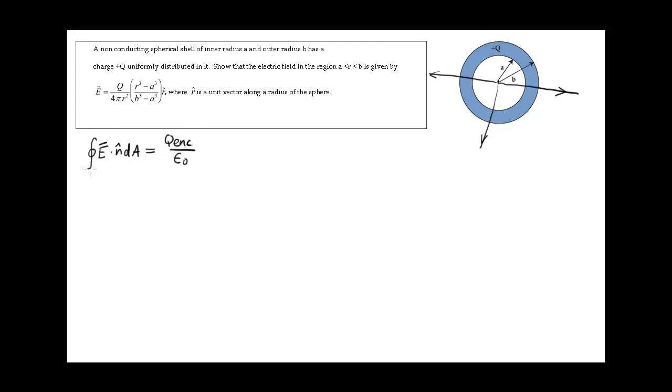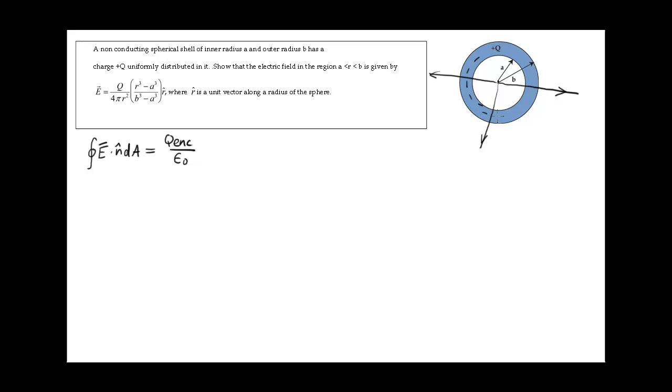So where we put the sphere is we want its surface to be in the region where we're trying to find the electric field. So a sphere that has its surface between A and B is the one I want to use.